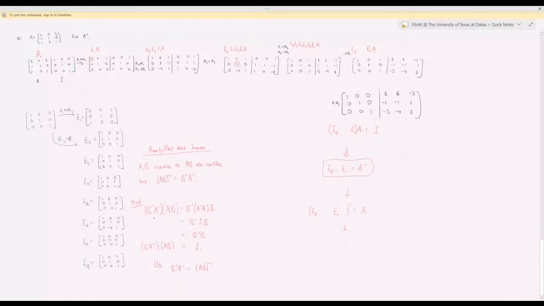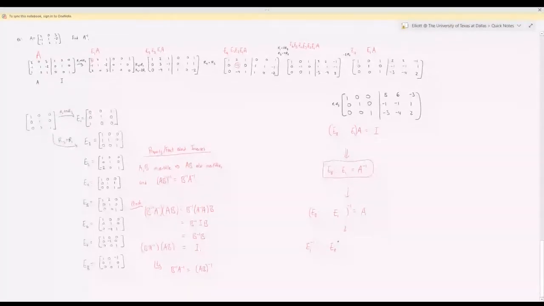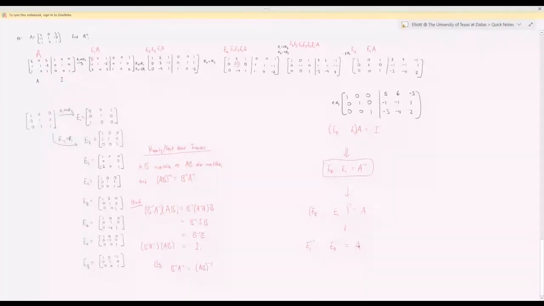Then applying this property about inverses, we can invert the product if we invert each of the elementary matrices and also reverse the order they were multiplied in. So E1 inverse became first on the left and E8 inverse became last.